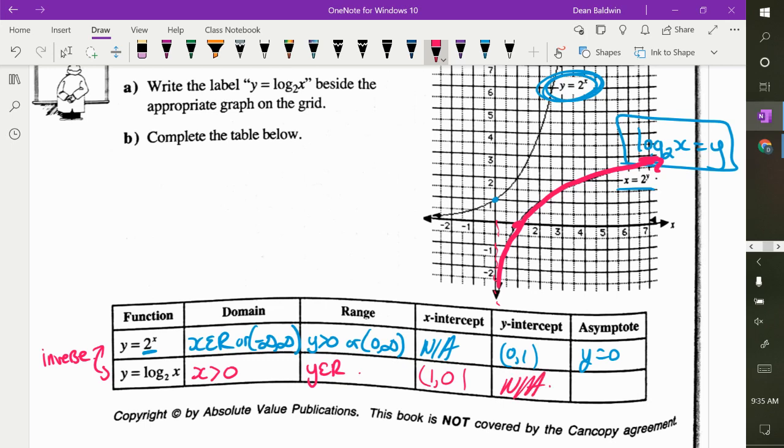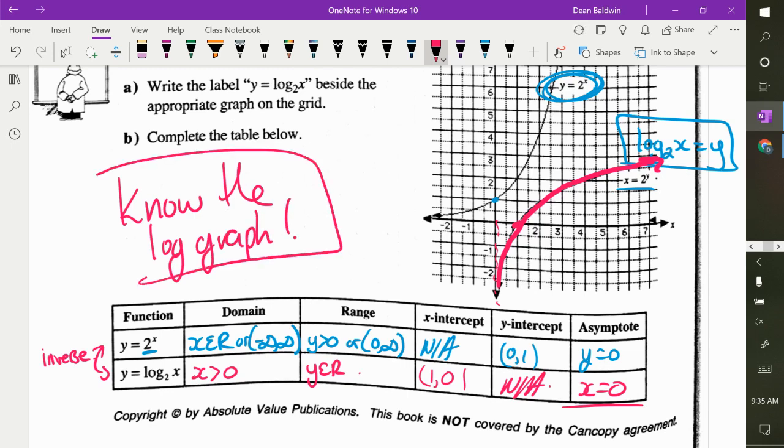And the asymptote, if it was y is equal to 0 in the original, it becomes x is equal to 0. All right. Know the log graph. You need to know the log graph, okay? And the exponential. All right. Are we okay so far?